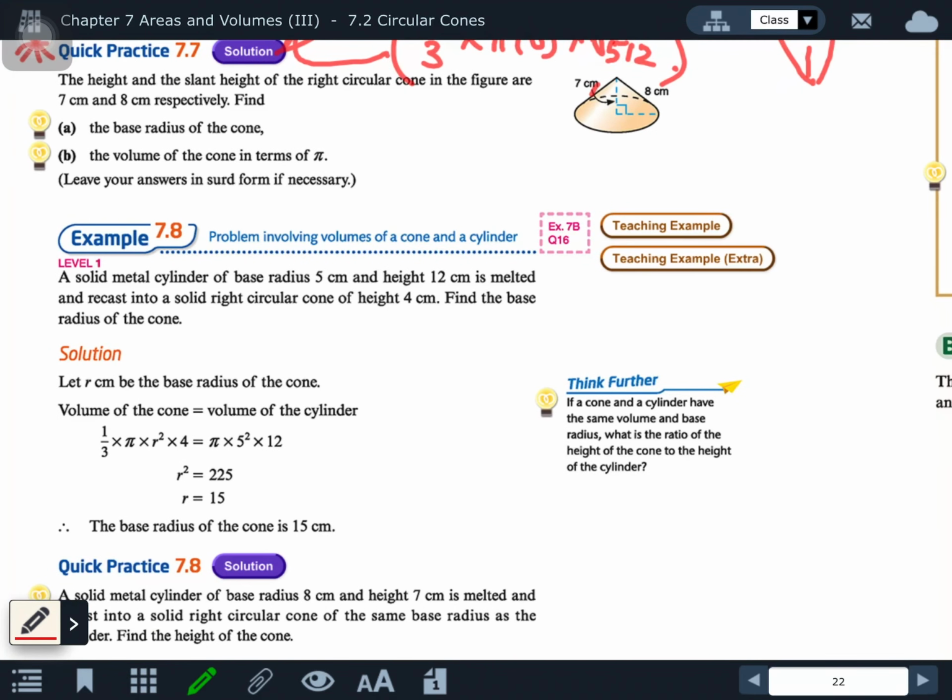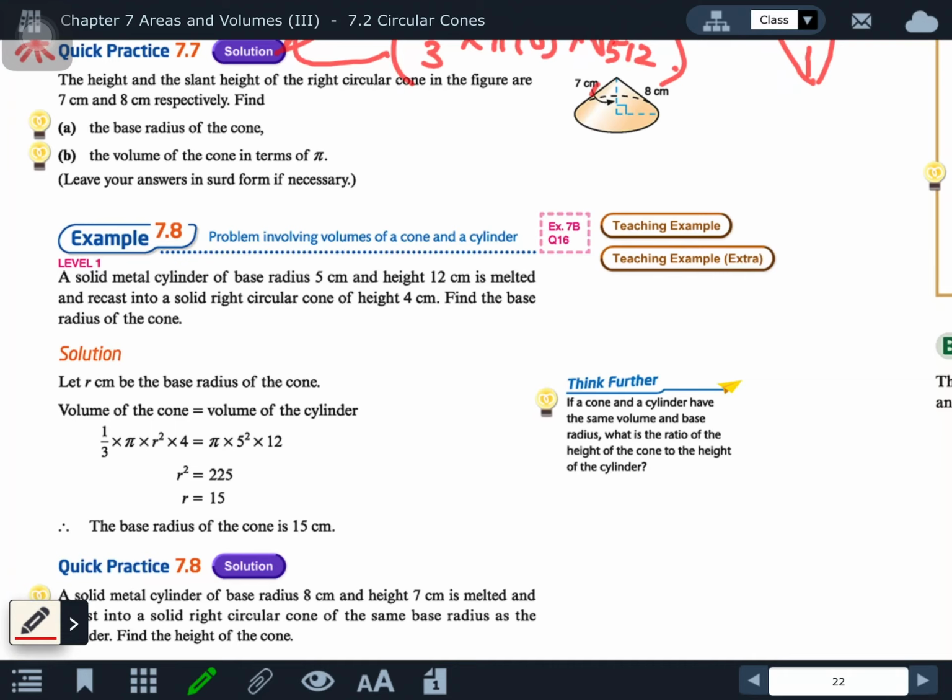So 7.8, we just want to teach three examples today. A solid metal cylinder of base radius 5 cm and height of 12 cm is melted, and we cast it into a solid right circular cone of height 4 cm.